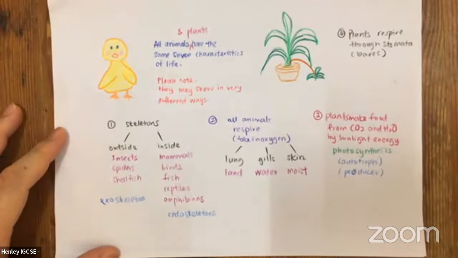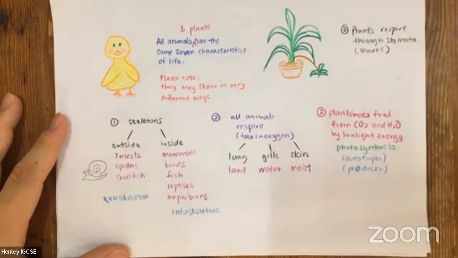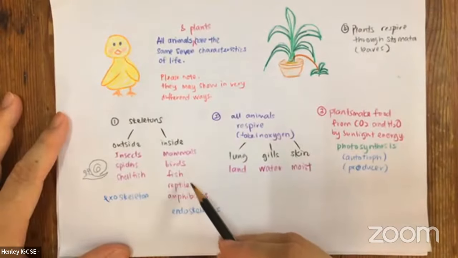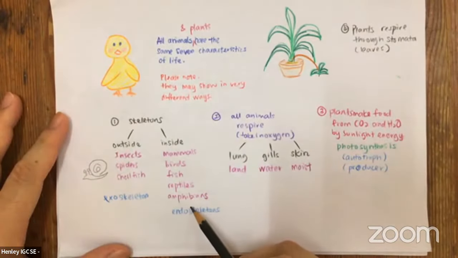I may draw a snail for you. Inside skeletons are in us, mammals. Mammals are bears, human beings, lions, and also birds, fish, reptiles and amphibians.